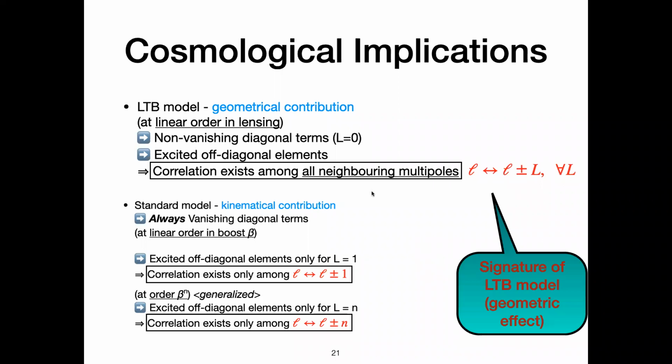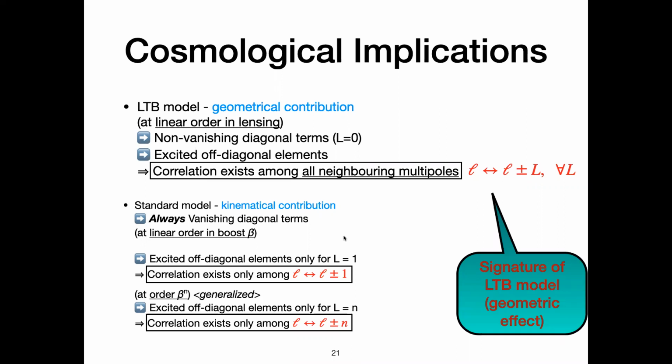As is very apparent, this is an important signature of the LTB model. So the geometric effect which we are looking for in the CMB observations: if we see in the correlation matrix that the correlation exists among all neighboring multipoles, then this is the signature of the LTB model, or in general an inhomogeneous model, right?